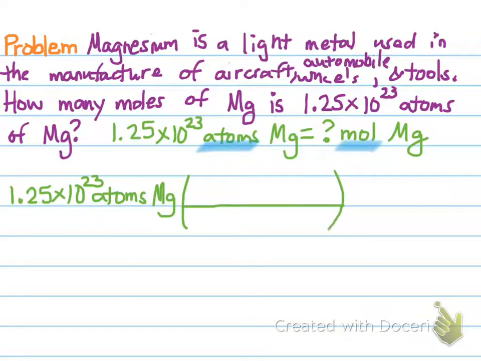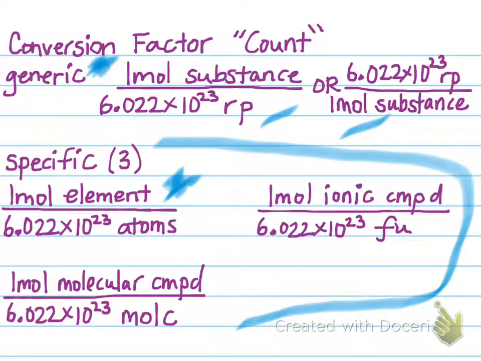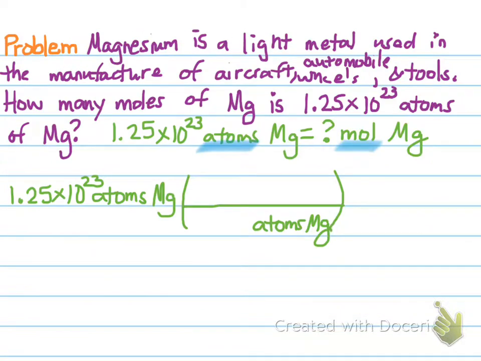So I need to use a conversion factor. Where do atoms of magnesium have to go? Well, they're in the numerator here. So that means, remember, I need them to cross out. So atoms of magnesium is going to go in my denominator. And when I look at my tool here, atoms and moles of element, my other unit's going to be moles of magnesium.